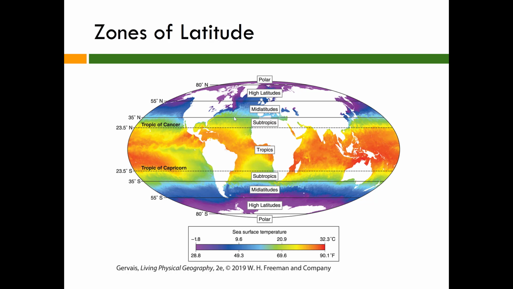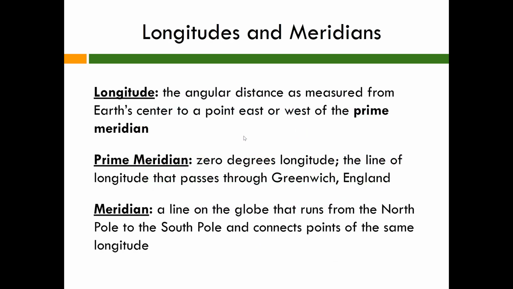Okay, mid latitude, that is 35 to 55. 55 to 80, that is high latitudes, and beyond 80 to 90, that is polar. Okay, they apply to both hemispheres. So you can see the zone of latitude is important when we talk about temperature, and different zones have different landscapes, different vegetation, right?